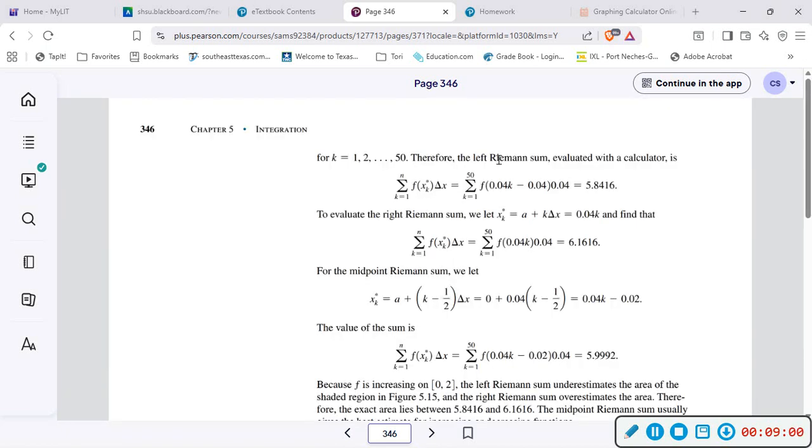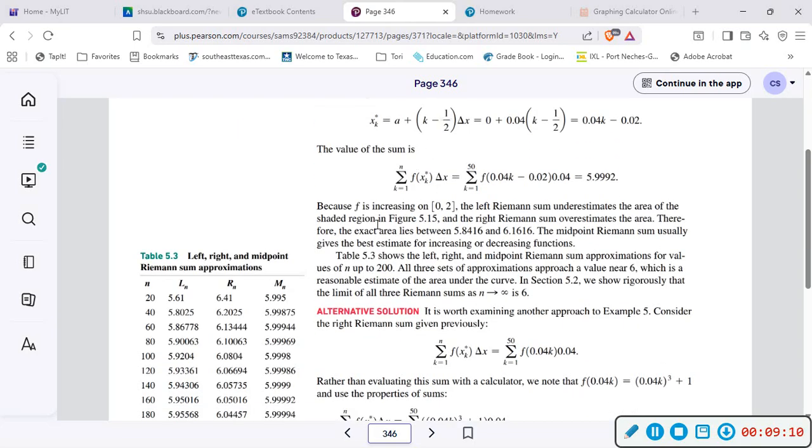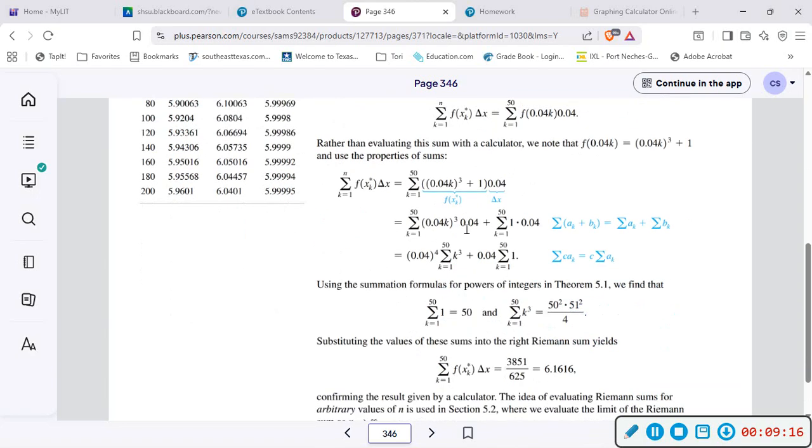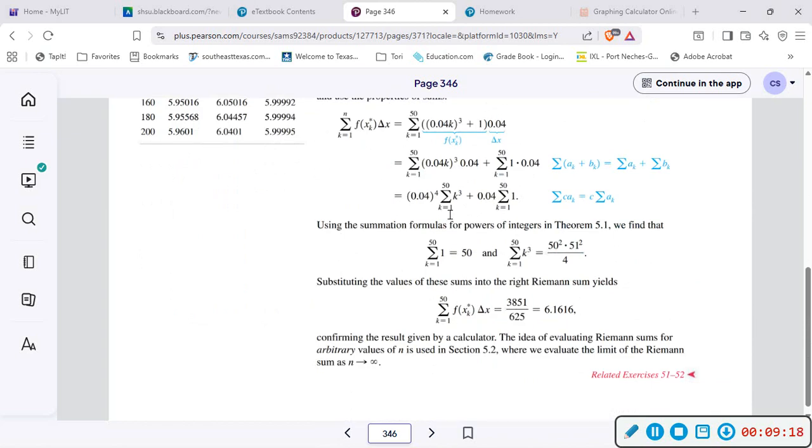Again, just some more examples, and they're showing you evaluate it with a calculator. They actually use it to plug in starting point, end point from a previous problem that they were just showing us. Some of them you can also look and see them from a calculator output.